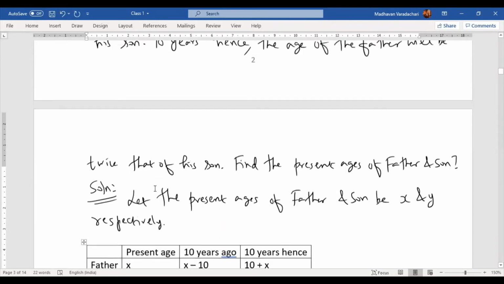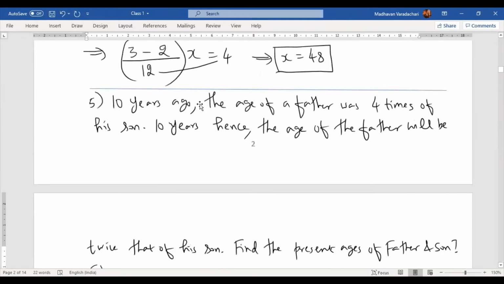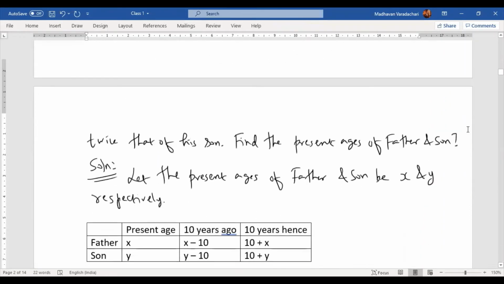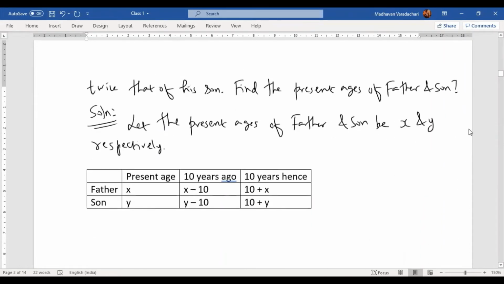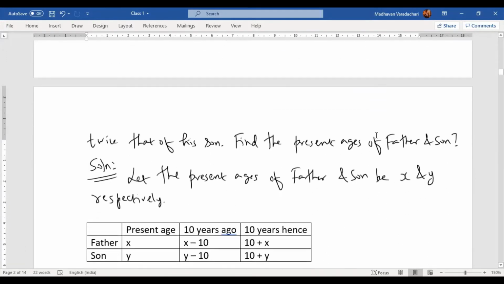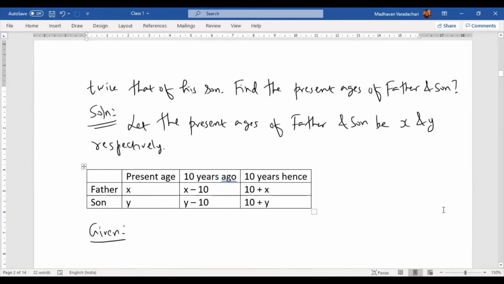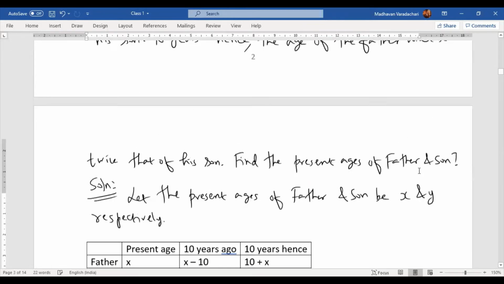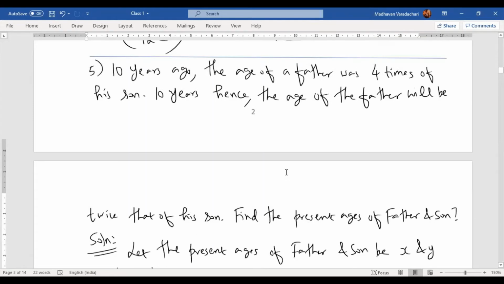Now, let us go back to the question. What it says: 10 years ago, the age of the father was 4 times of his son. Means, given 10 years ago, the age of the father was x minus 10. That was 4 times of his son.